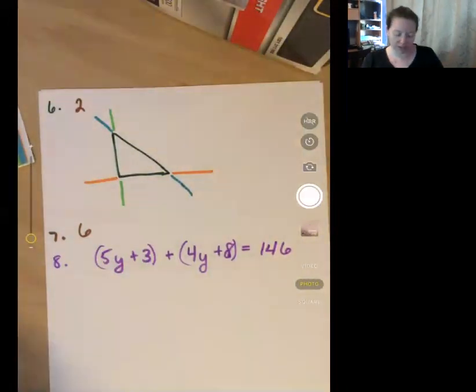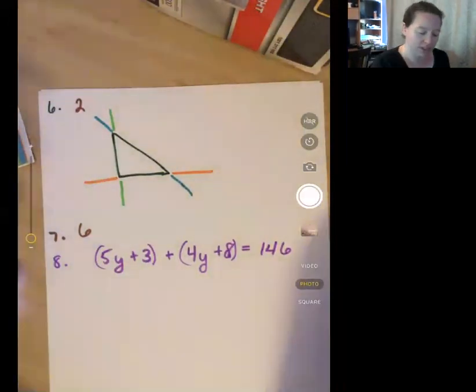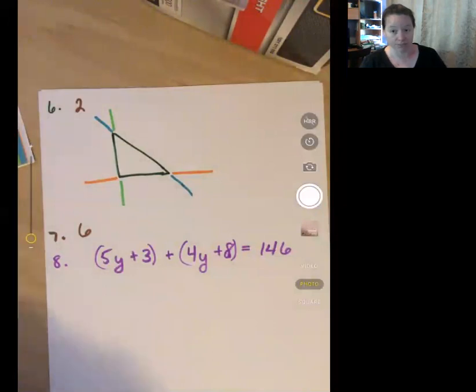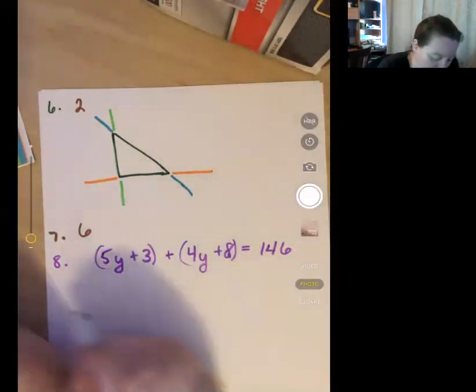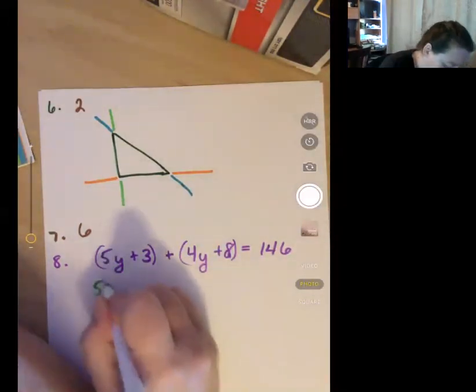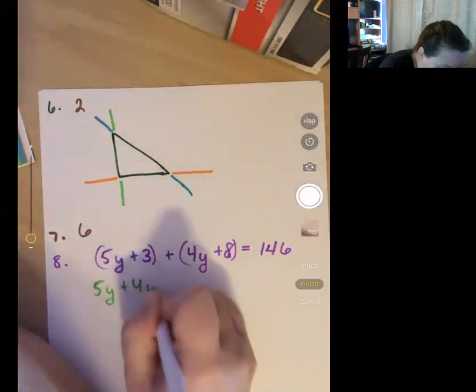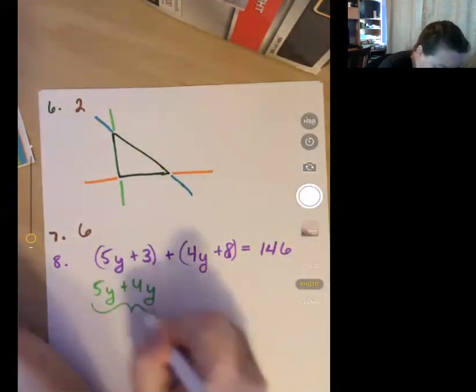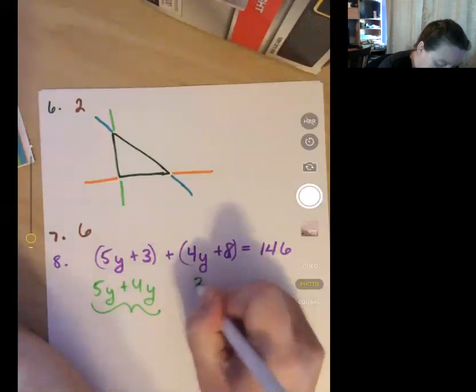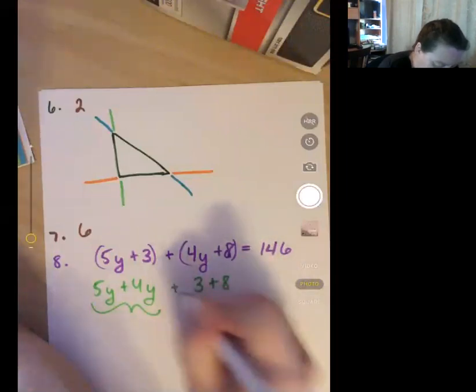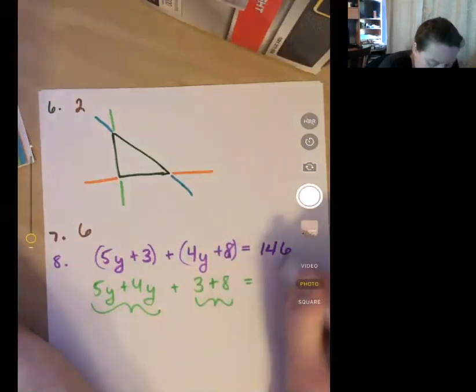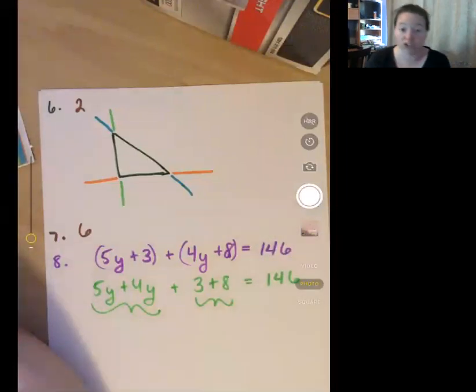So the very first thing that we're going to do is put all of our y's together. So we're going to take this 5y and this 4y, and go 5y plus 4y, and then the 3 plus the 8 are going to go over here. And it equals 146.